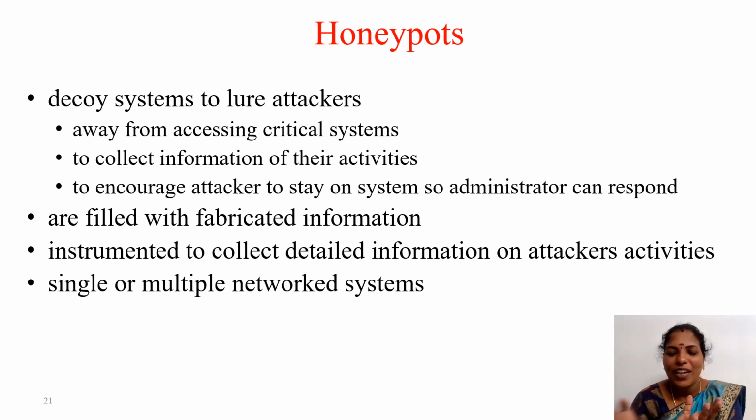Honey is there, so they come. When the insects sit in the honeypot, we just close it and catch them. Likewise, here also we are giving some decoy systems to lure the attackers, showing that everything is open, this system is vulnerable, so we can easily exploit everything. We are giving a loophole for the attacker, and once the attacker enters the system, we catch the attacker. This is the honeypot.